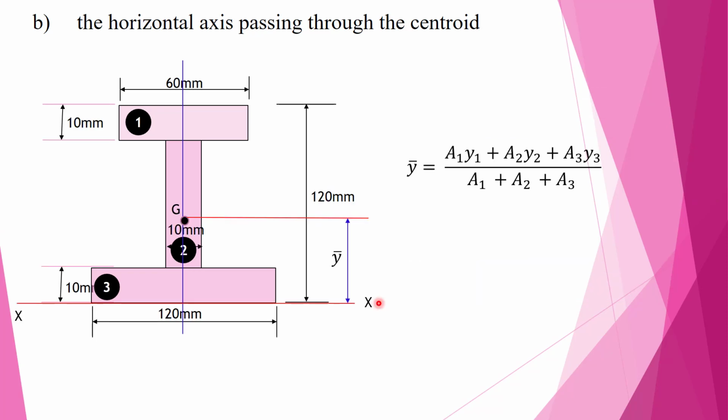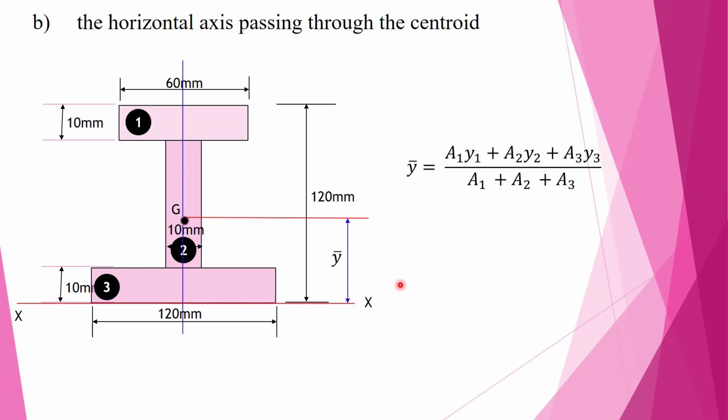Clear? In order to locate the centroid, we need a reference axis. So for the same, I have drawn a reference x-axis passing through the base of the I section, and we are going to find the distance of G from this reference axis, which is marked here as y bar, and using this formula, y bar is equal to a1 y1 plus a2 y2 plus a3 y3 divided by a1 plus a2 plus a3.